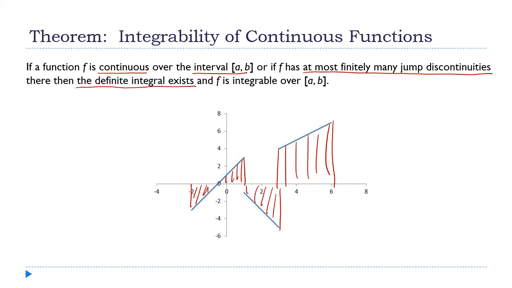How did you find the area of an irregular shape in geometry? Well, you broke it up into pieces that you had formulas for. For example, if I wanted to find the area of a shape like this one, I would split it up, and I would find the area of this rectangular piece and the area of this semicircle, and then just add them together. That's all this is saying. If I can break this up into a finite number of continuous pieces, then I can just add the pieces together, and I end up with the whole.